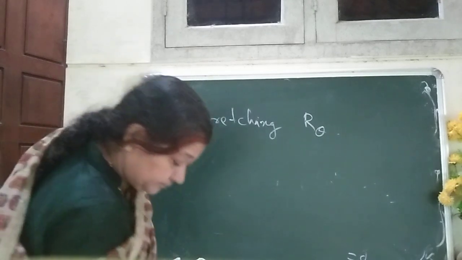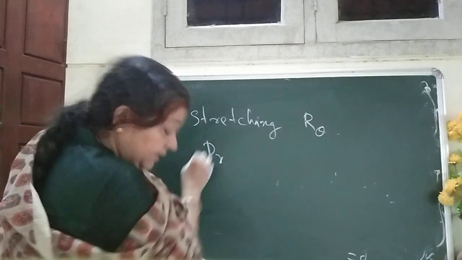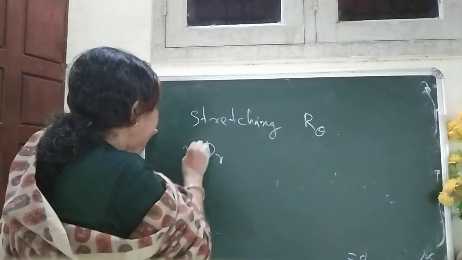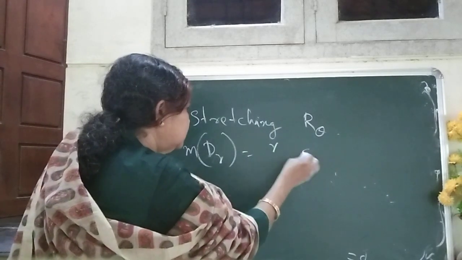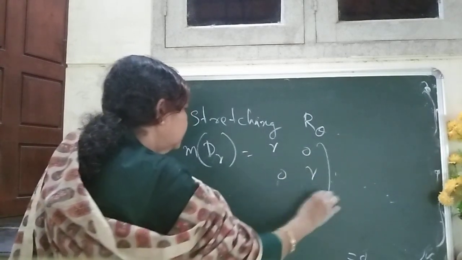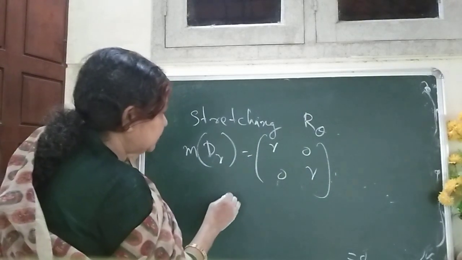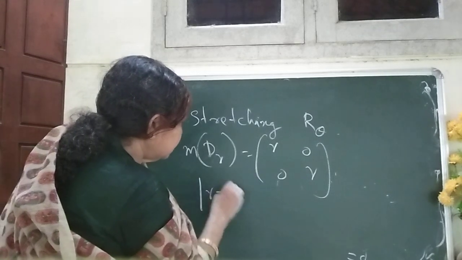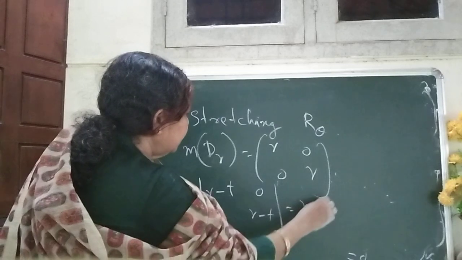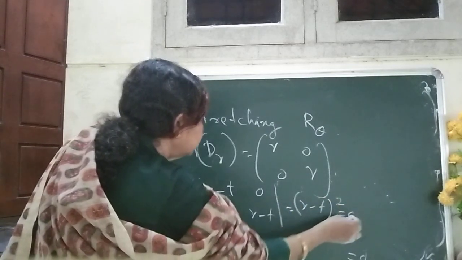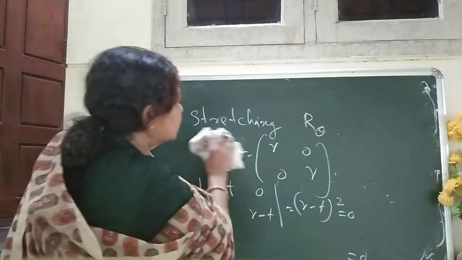You know, stretching means the matrix of stretching equals R, 0, 0, R. So what is the characteristic equation? The determinant of R minus t, 0, 0, R minus t equals (R minus t) the whole square equals 0, which gives two values of t. That is the characteristic equation for stretching.